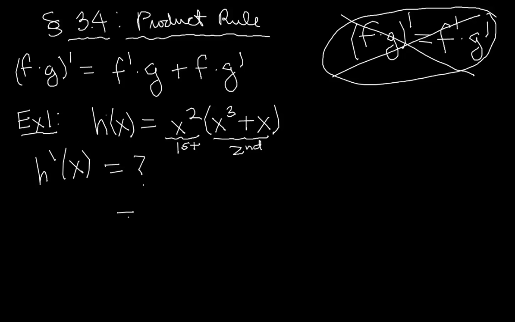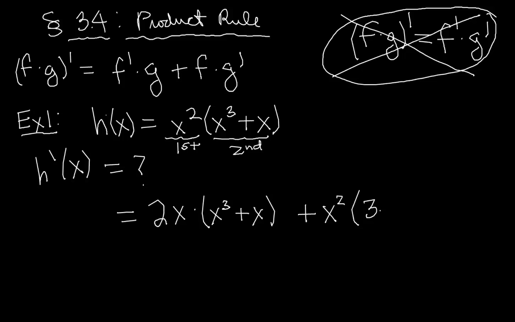Well, it's going to go like this. Derivative of the first, there it is, times the second. Do nothing with the second. Plus the first times the derivative of the second. Alright? So notice I was just using power rule to take those derivatives.